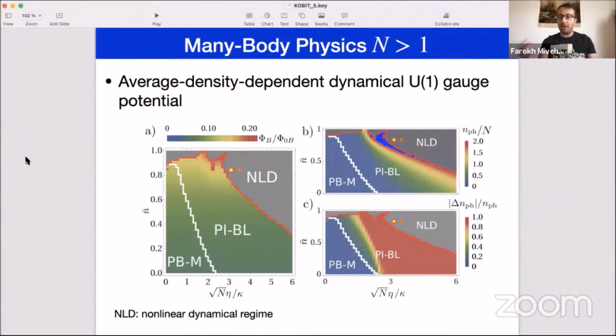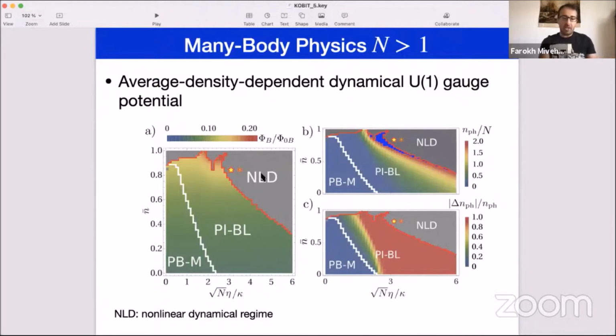In this case, this optomechanical back action becomes really important, and as we expected, the magnetic flux now depends on the average density. The background color in this phase diagram is the magnetic flux, and as you can see, it depends on the average density.